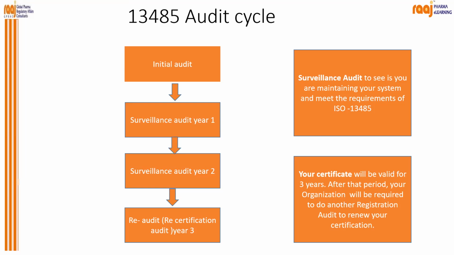Records means they will see through all 3 months of data, internal audit, MRM, all the data. If you have batch records, stability data, everything will be seen during the stage 2 audit, so you must be in a position to demonstrate them.